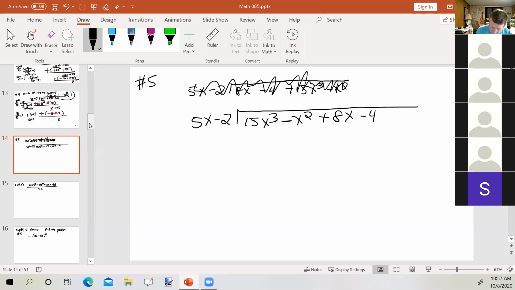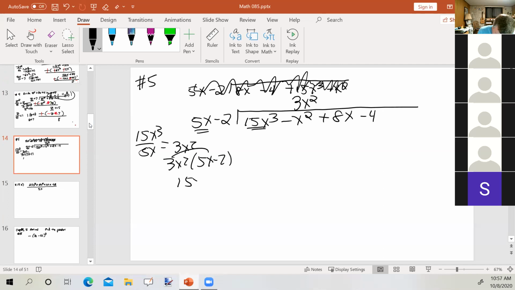All right. So 15x cubed divided by 5x is going to be 3x squared. 3x squared times 5x minus 2 is 15x cubed minus 6x squared. Okay.